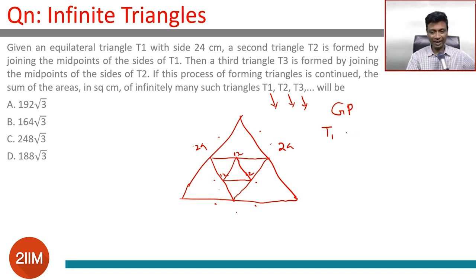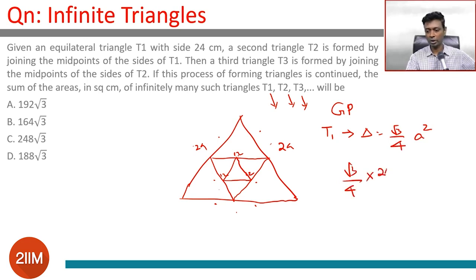Let's find T1 area first. T1 area is √3/4 a square, which is √3/4 into 24 into 24. 24/4 is 6. 6 into 24 is 144. This is 144√3. This is the first term. Common ratio is 1/4.